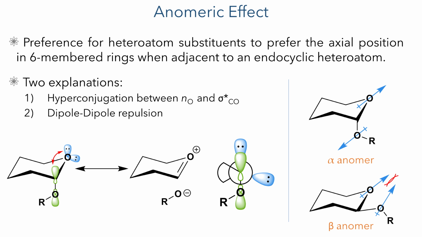A second explanation for this effect is dipole-dipole repulsion. When the heteroatom substituent is in the axial position, the dipoles orientate in opposite directions, whereas when it is in the equatorial position, they orientate in the same direction, which causes repulsion and destabilization.